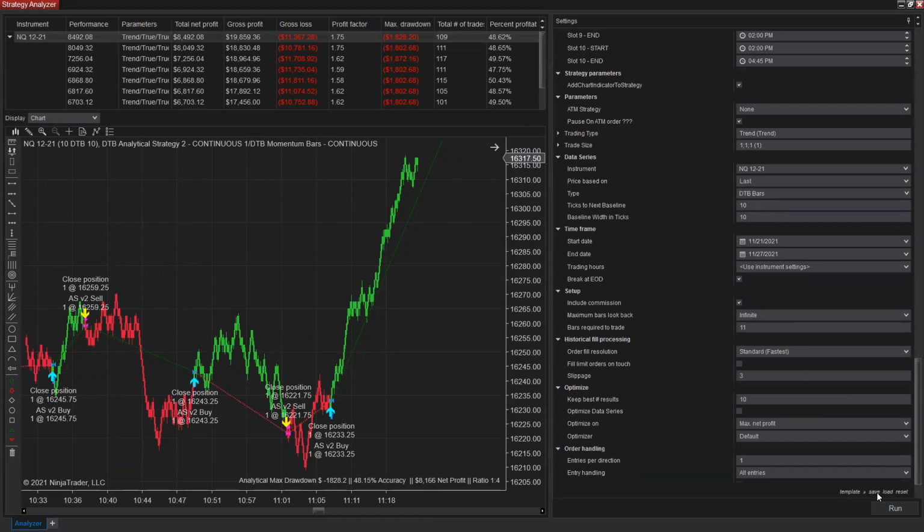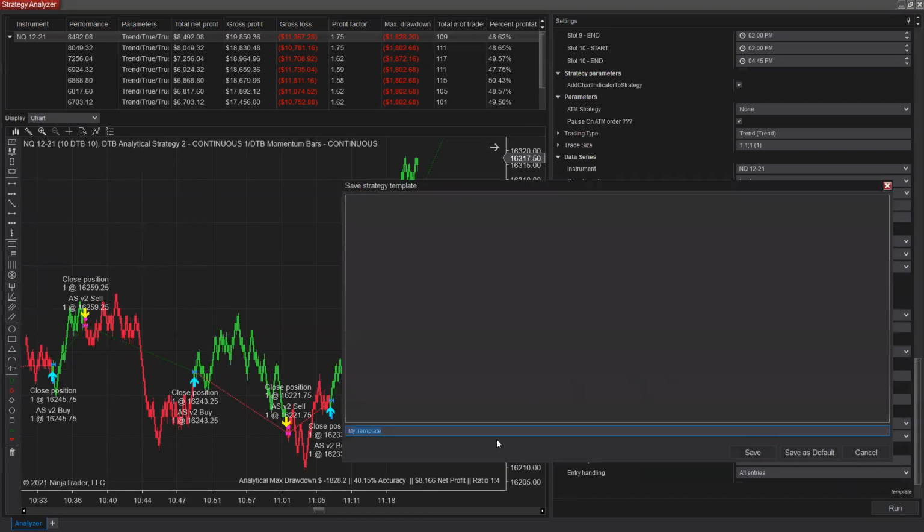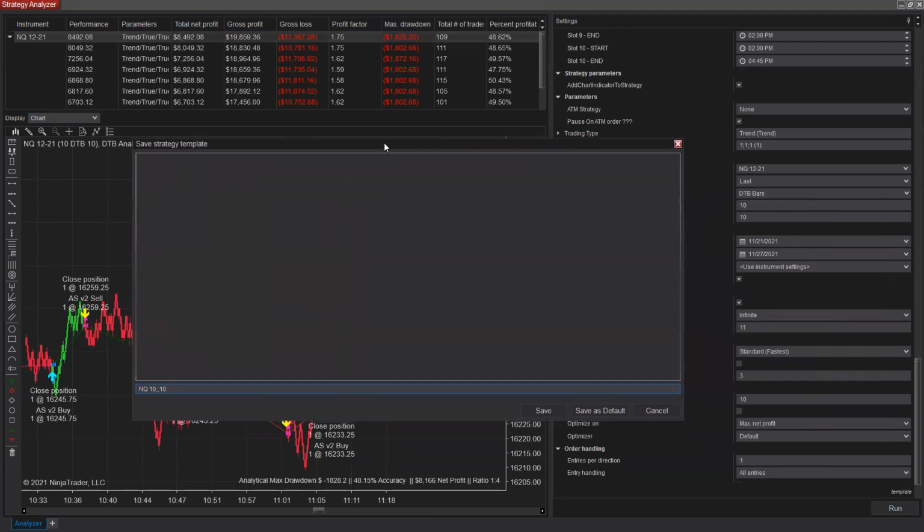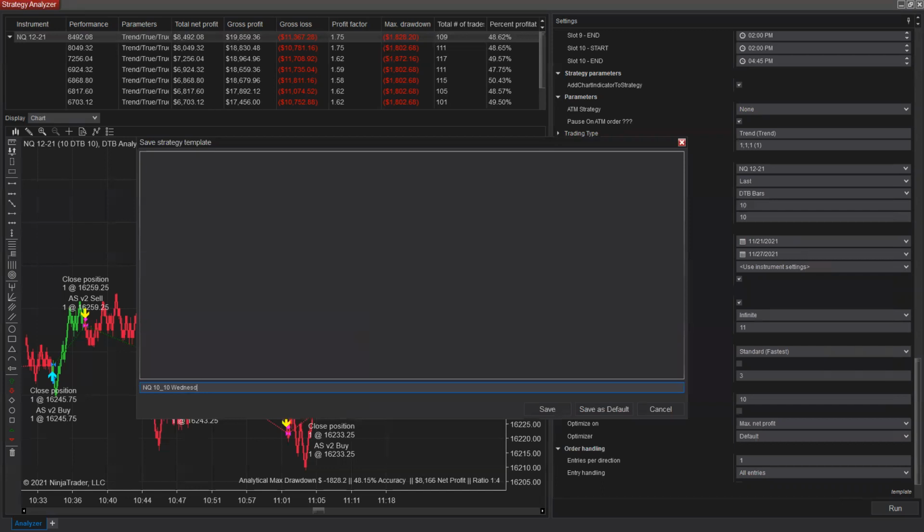We can now go to template, and we can go save, and we can call it NQ, 10 bar, and it was Wednesday, right? Wednesday. And then you can go like that.